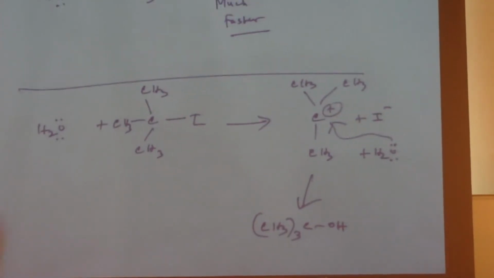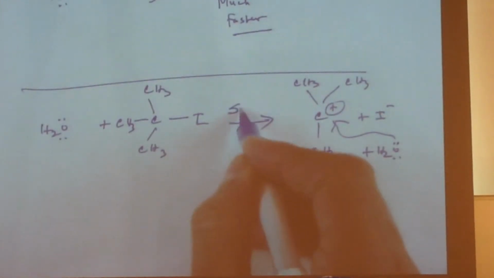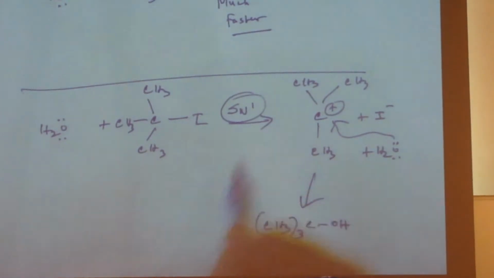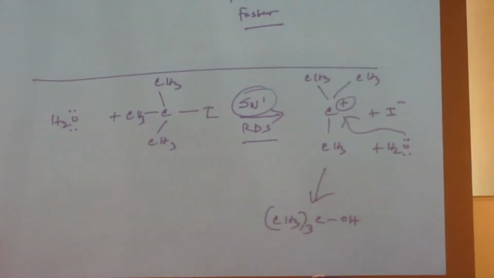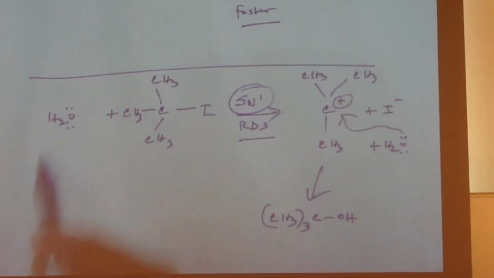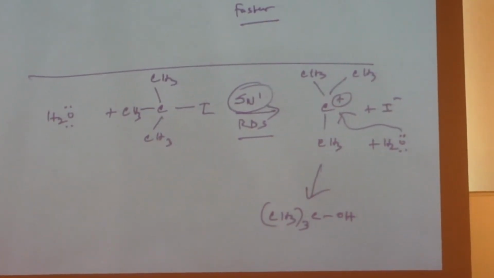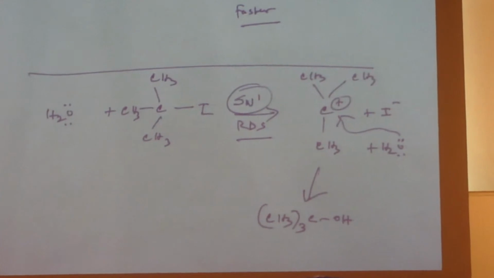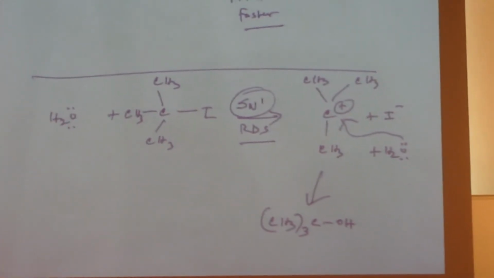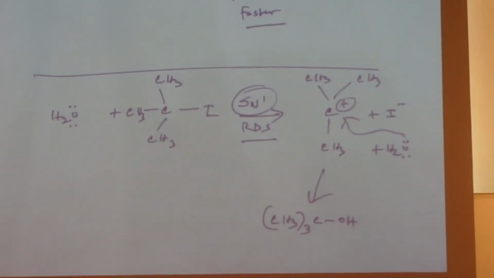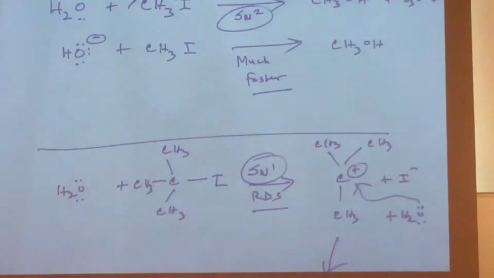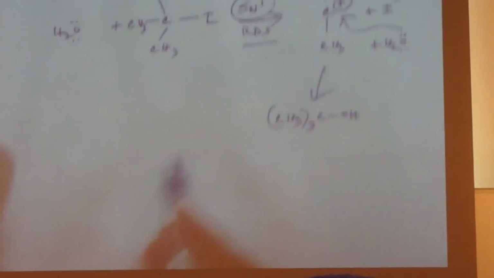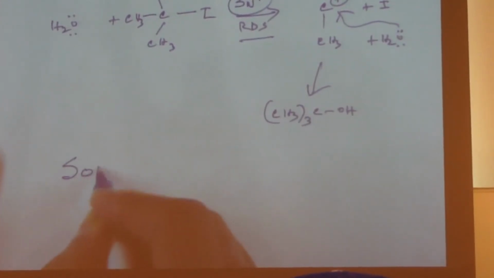But now the reaction has changed to SN1 because the rate determining step is the formation of the carbocation, which does not involve the water, and this product is formed. Now, for both of these reactions, there is a general term. Regardless of whether it's going through SN2 or SN1, these reactions are called solvolysis.